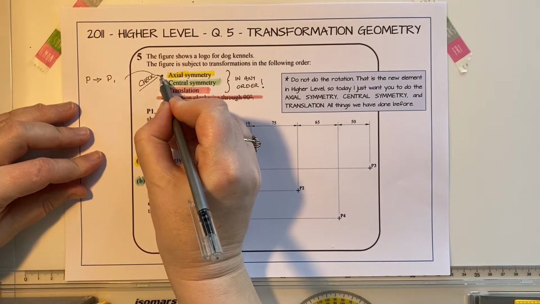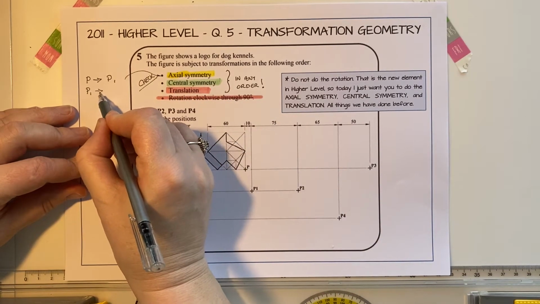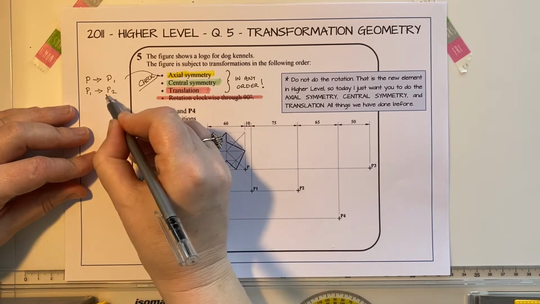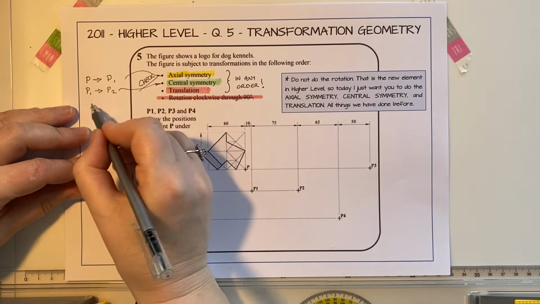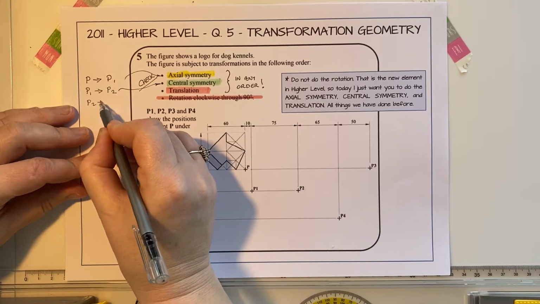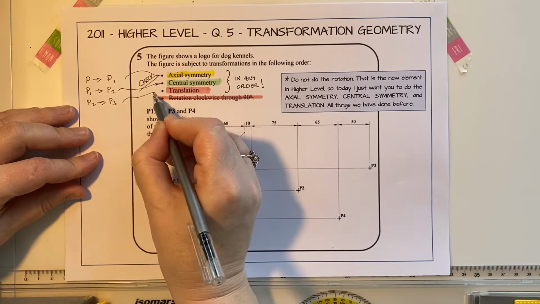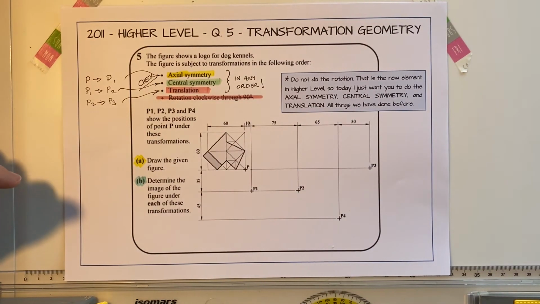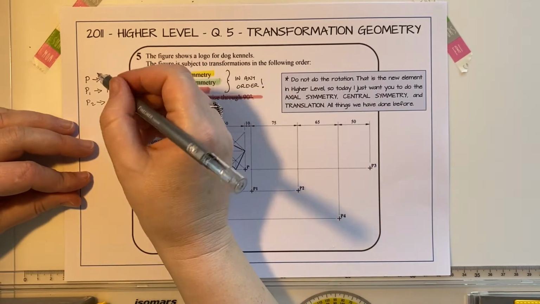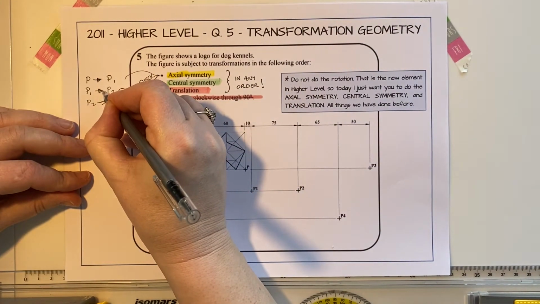The central symmetry is P1 to P2, and that would be that one. And P2 to P3 is our translation, and if we were to do rotation, it would be P3 to P4, but we'll worry about that at that stage. Okay, let's just make this a bit tidier.